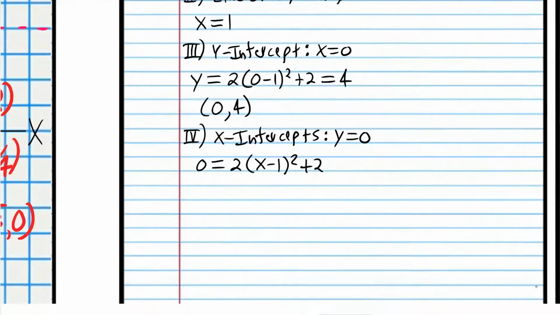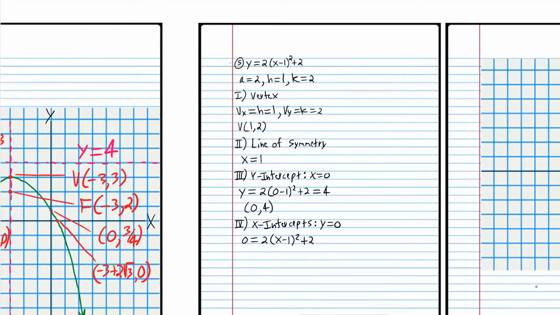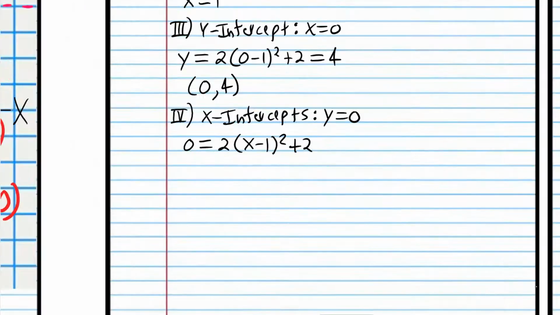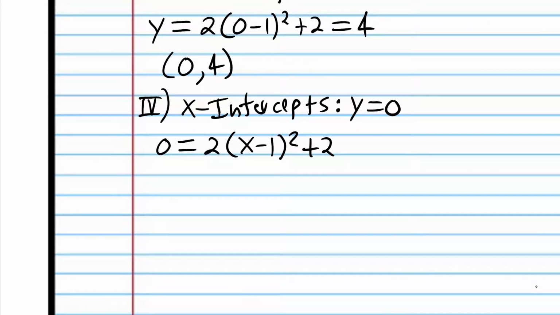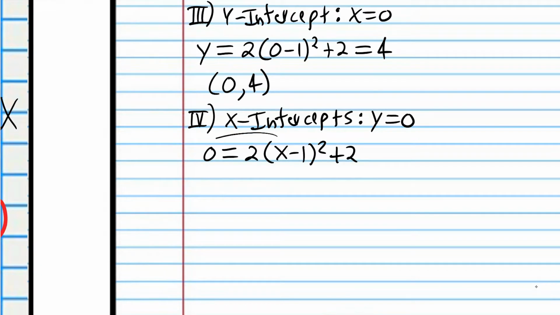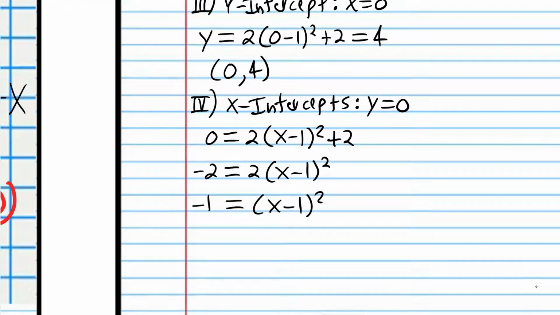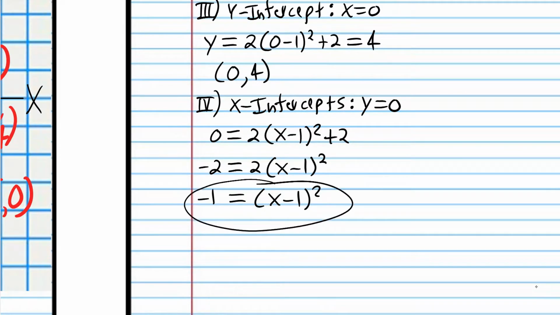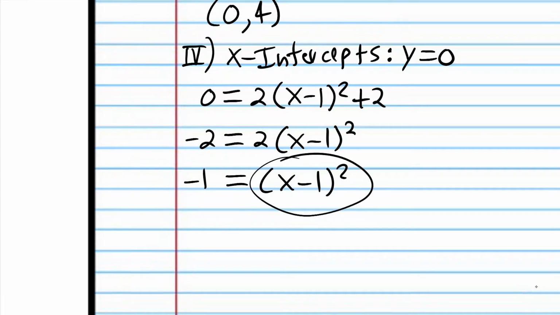Sorry, my computer's trying to catch up here. Now we have to solve this equation with a square. So we're going to put the 2 on the other side. We're going to divide both sides by 2, and we get negative 1 is equal to (x minus 1) squared. But at that point, we can stop, because you can't square something and get a negative number. That's impossible. So that tells us that there are no x-intercepts.